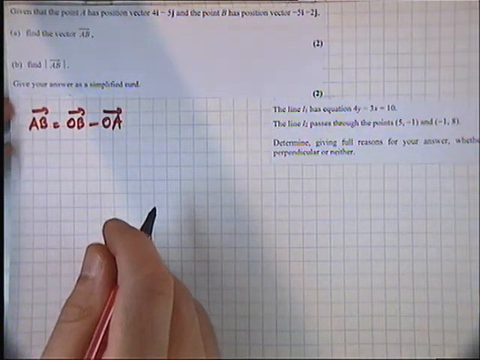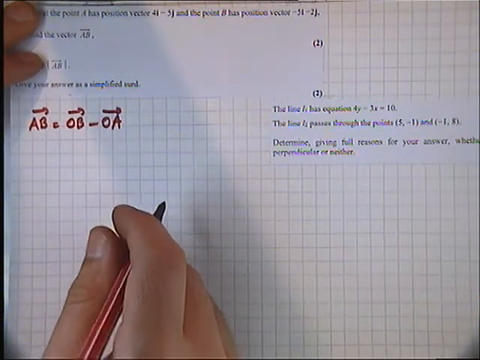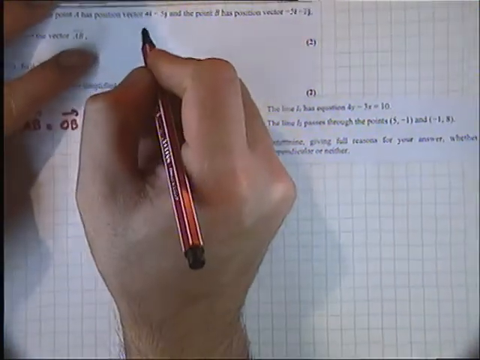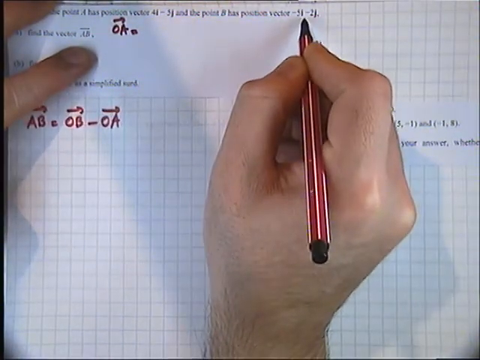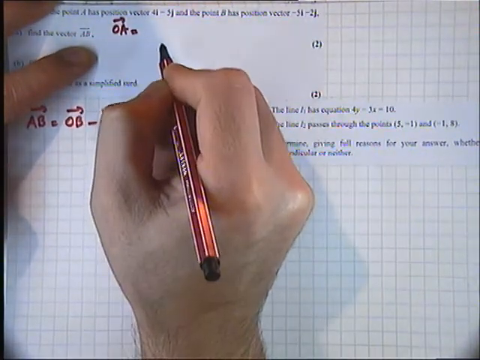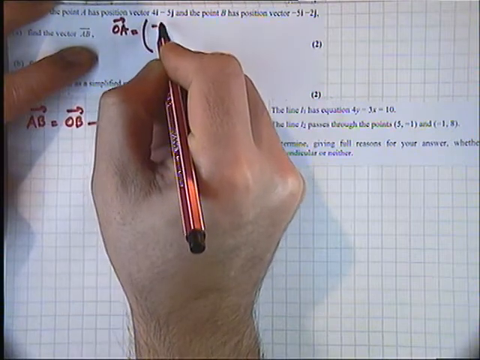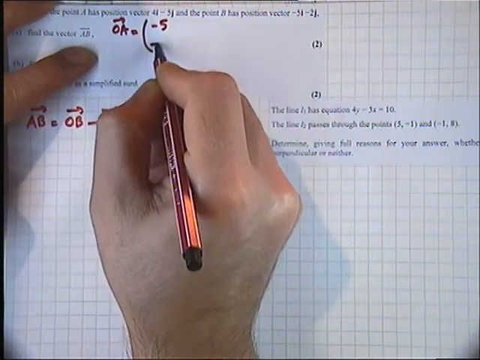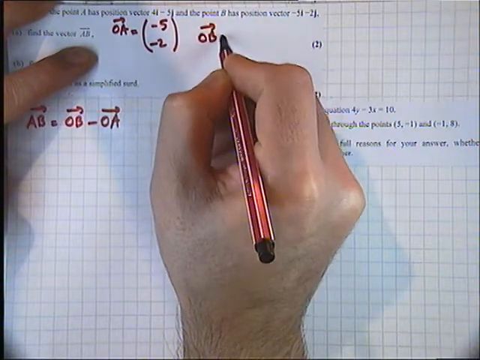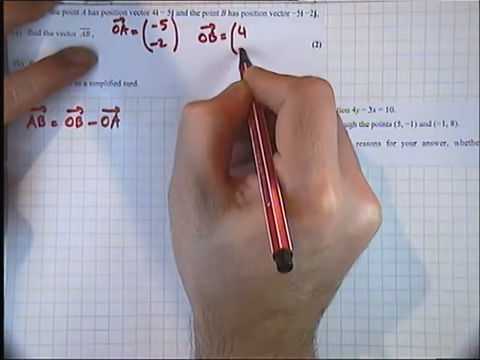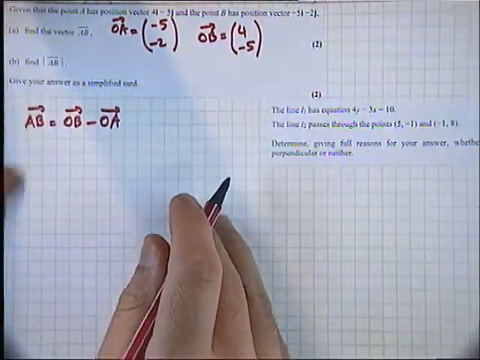So let's write down OB and OA. So OA is equal to minus 5, let's write it down as a column vector, minus 2. And OB is equal to 4 and minus 5.